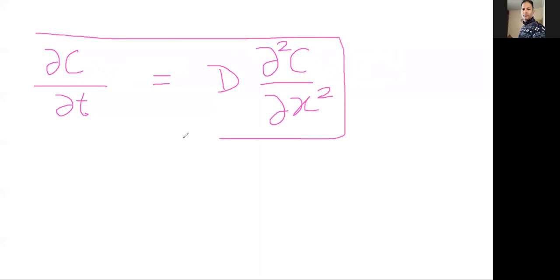This is Fick's second law. We get this once we place the law of conservation of mass in the first law, where F is equal to minus D del C by del x. In the first law you place the condition that the change in concentration is equal to incoming flux minus outgoing flux.